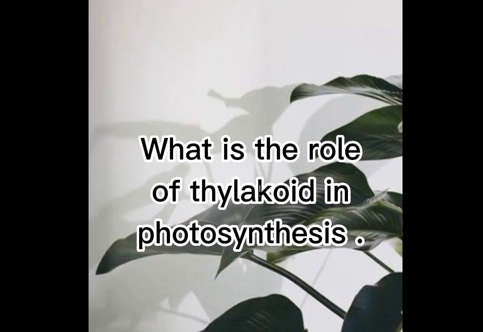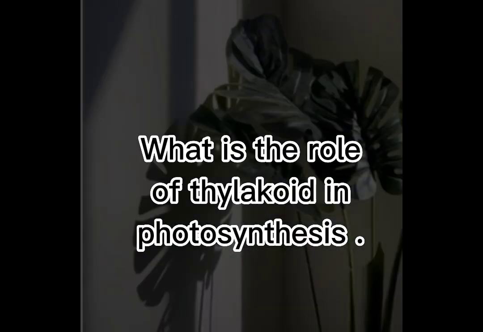What is the role of thylakoid in photosynthesis? Photosynthesis is the process by which plants are able to produce food in the form of sugars, from water, carbon dioxide, and some other components. Photosynthesis occurs inside the chloroplast, which contains a structure known as thylakoids.